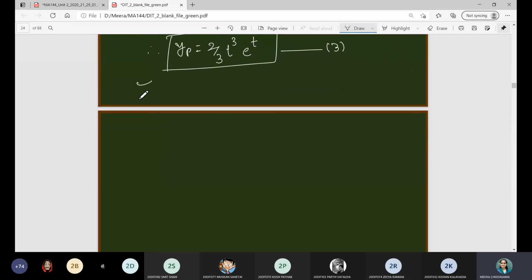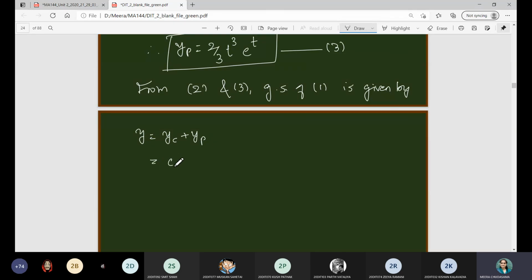So from 2 and 3, the general solution of 1 is given by y is equal to yc plus yp.